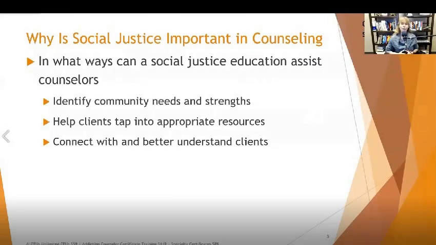I had one client when I worked in North Florida, and this was a really rural county that was one of the counties that I supervised. I was working with this client, an African American man, an older gentleman, mid-50s, I think, I can't remember, but he was very resistant to go into 12-step meetings. And so I asked him, why is it that you don't want to go to these meetings?